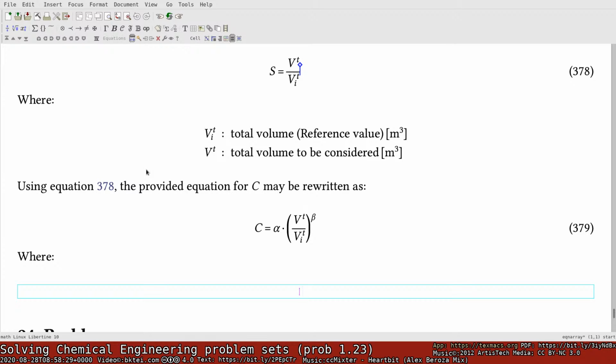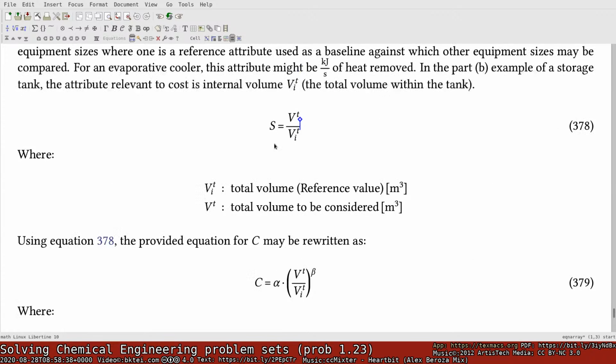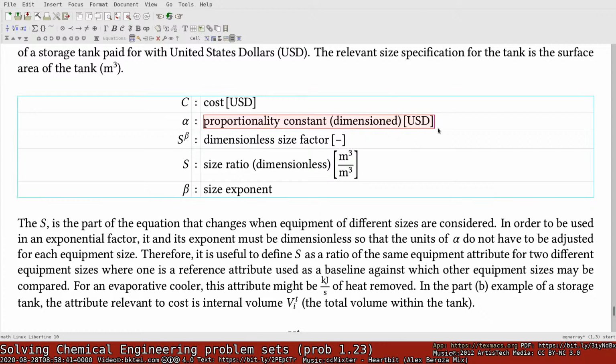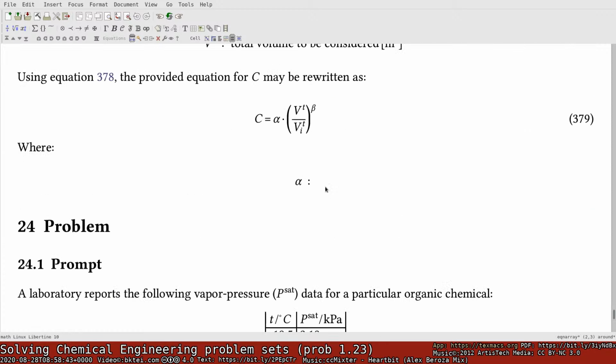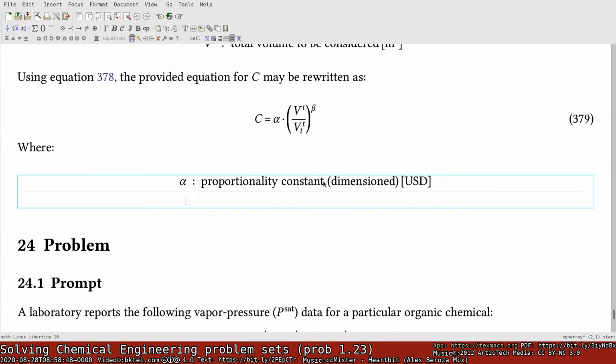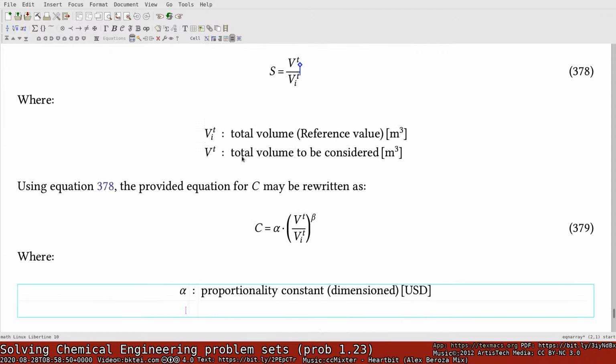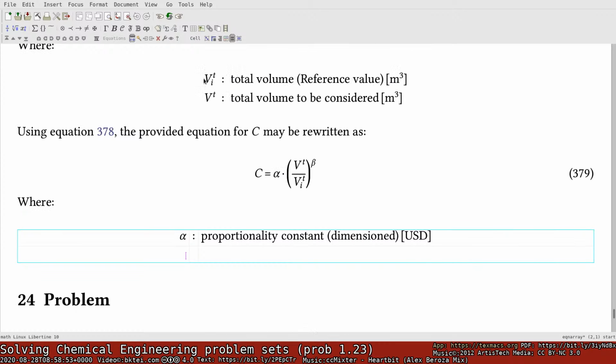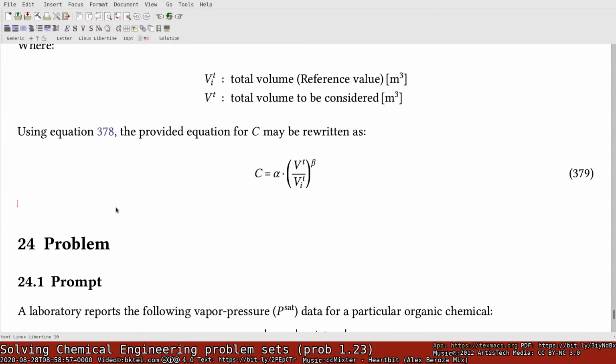Alpha now has units. Well, it always had units. Yeah, so let's go ahead and just put that in. Alpha. Let's just say variables are defined as above.